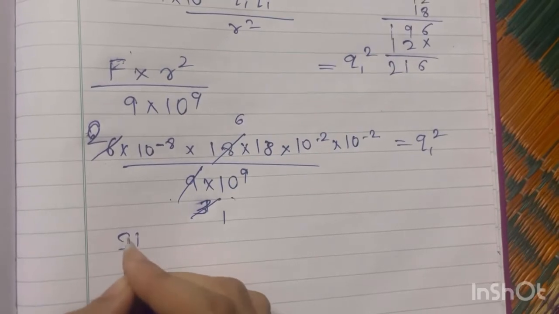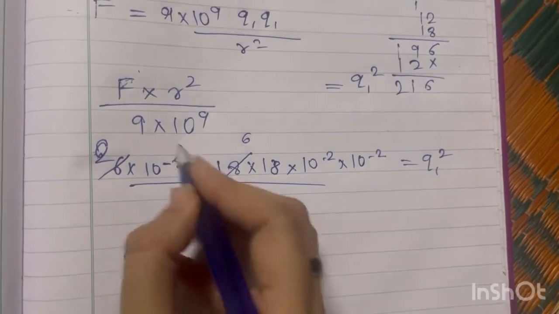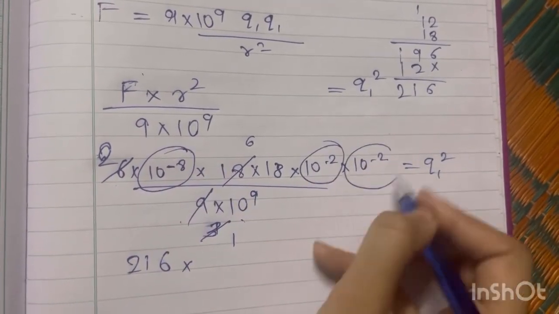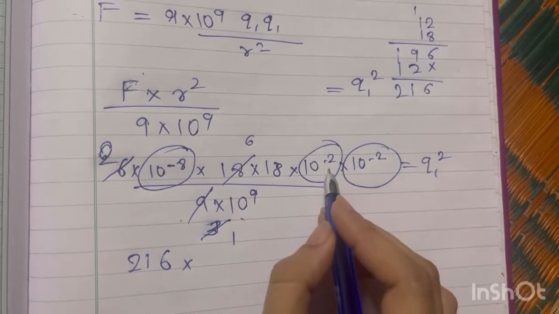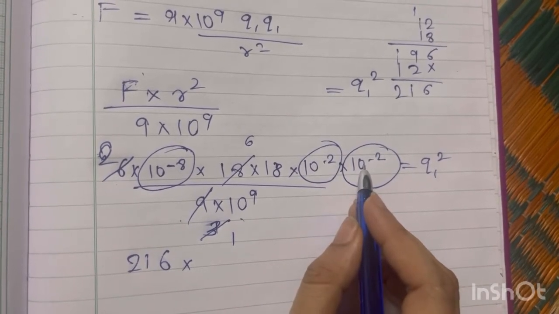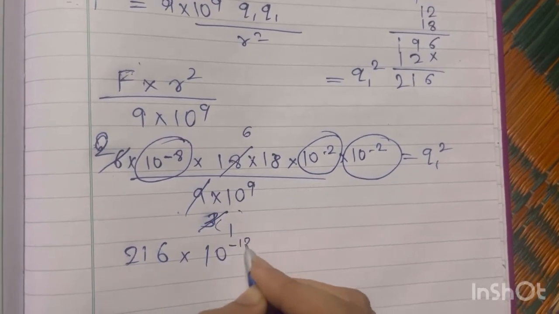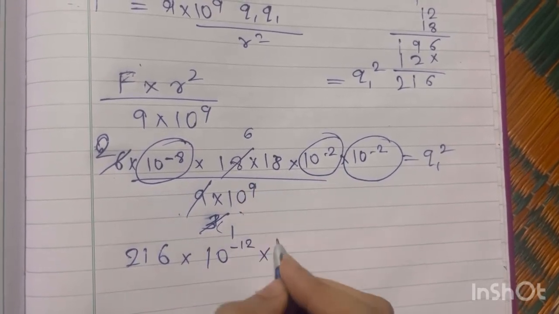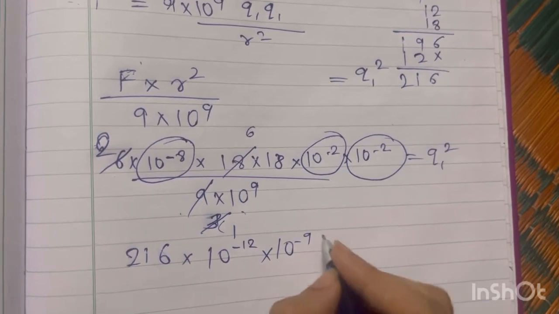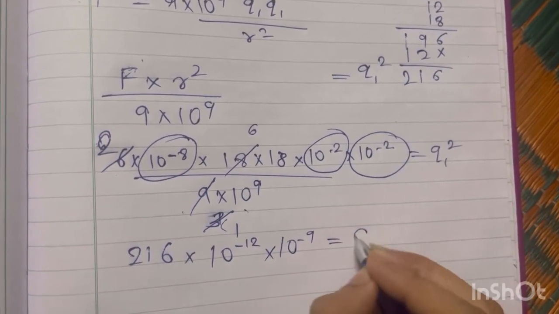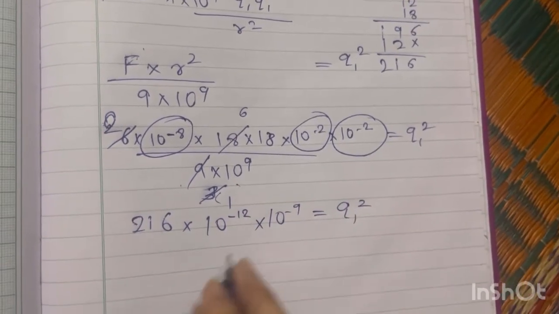So here I have 216 into 10 raised to minus 8, 10 raised to minus 2, 10 raised to minus 2. That is 10 raised to minus 4, minus 4 minus 8, 10 raised to minus 12. And when this 10 raised to 9 goes in the numerator, it is 10 raised to minus 9. That is q1 square, minus 12 minus 9.